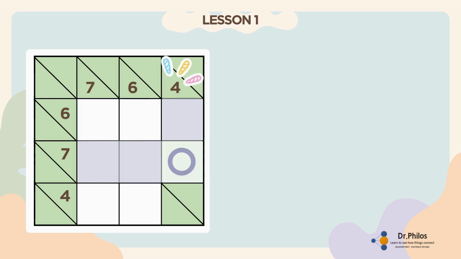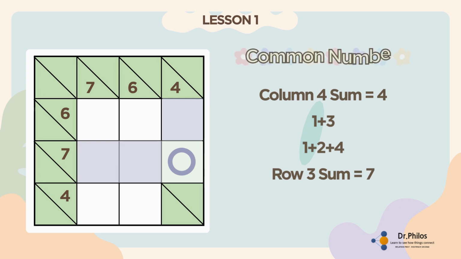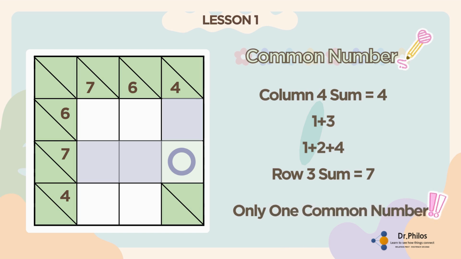But in the number sentences that make 4 and 7, only 1 shows up in both. Let's call a number included in both number sentences a common number. There are 2 common numbers for 4 and 6, and 1 common number for 4 and 7. Since there is only 1 common number, 3, 4 is figured out as exactly 1.